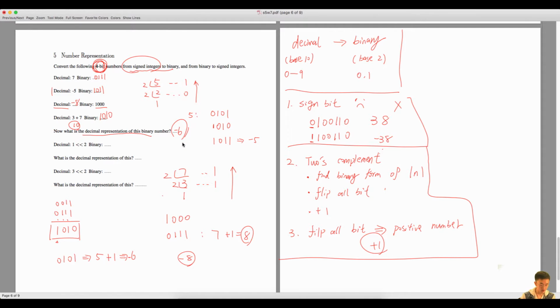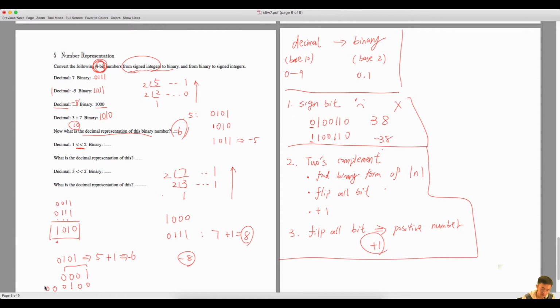All right? So for the next part, we have 1 left shift by 2. So we have 1. The representation is just 0, 0, 0, 1. And left shift by 2 is I take this whole number and shift by 2. So 0, 0, 0, 1, and I add the padding zeros, so this is 0, 0.